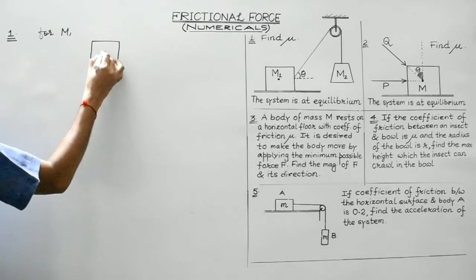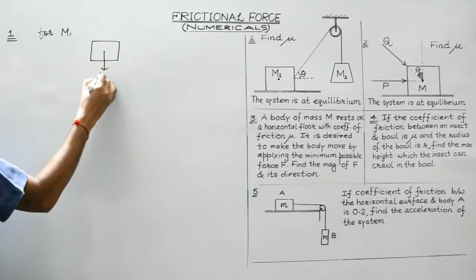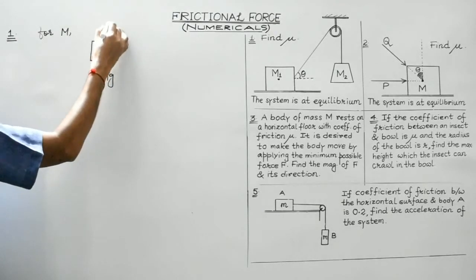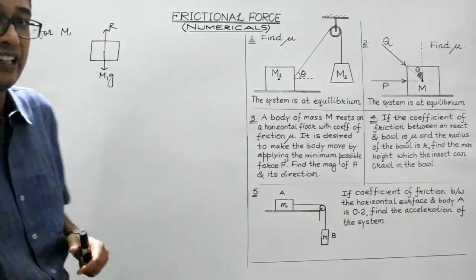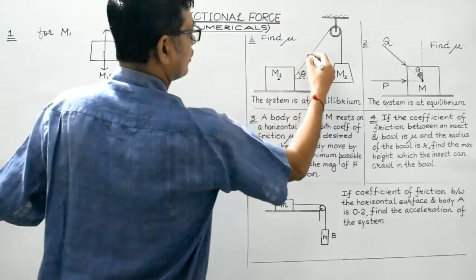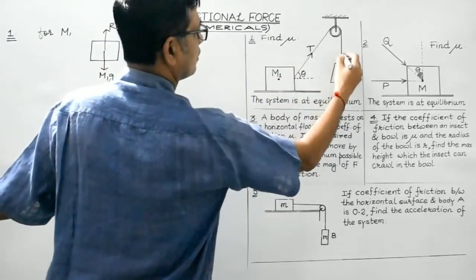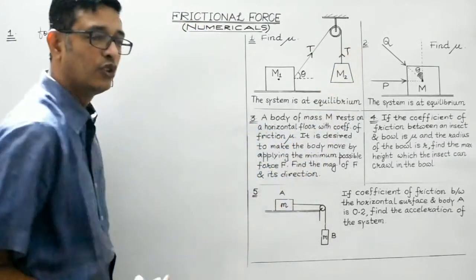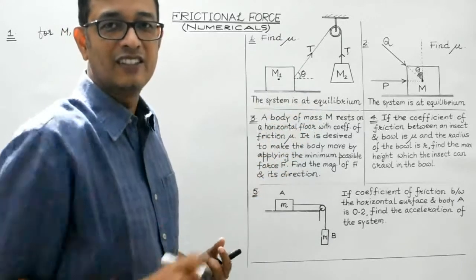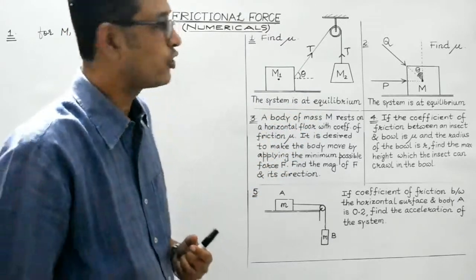What are the forces acting on it? One naturally would be its weight, M1g. The other is the reaction which the horizontal surface will exert on the block in the upward direction. And this is tension, students. Tension, as I told you, is a force which acts along the length of the string towards the point of suspension, isn't it?